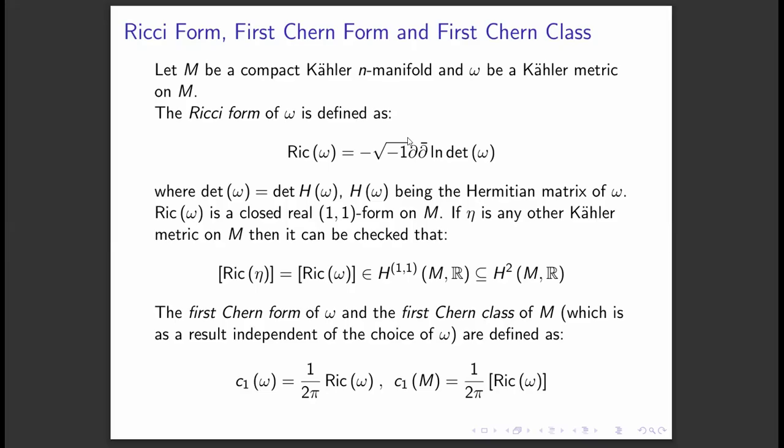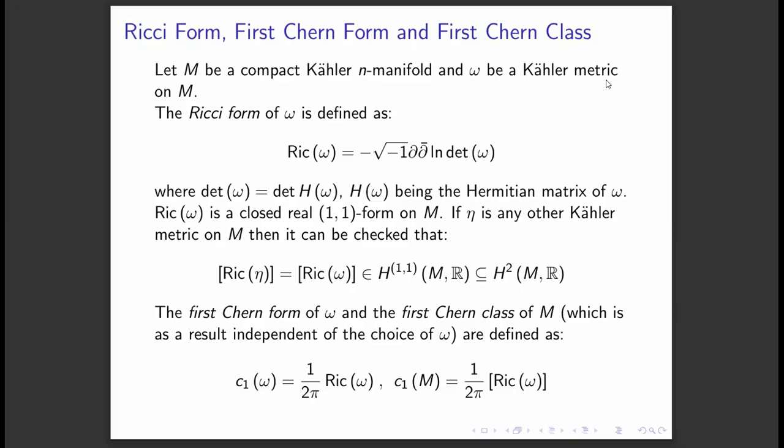Sorry, your small omega is canonical, right? What does it mean by canonical? I mean, omega is a Kähler form. Okay, this one is a Kähler form, and then you are defining C1 of this.